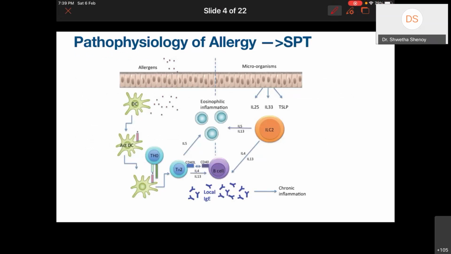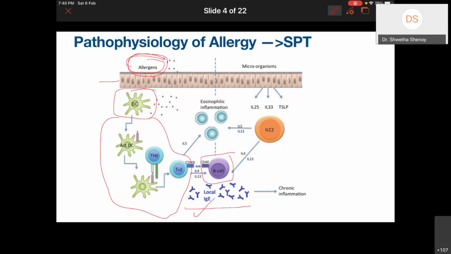Okay, thanks. So, in the pathophysiology, we have understood that the allergens come in contact with the epithelium, then they trigger the dendritic cell, and the dendritic cell goes ahead into this Th2 pathway, and it causes the B cell to release IgE. The thing of importance here is that this IgE is released for this allergen. So suppose the allergen is dust mite, then the specific IgE is for dust mite.